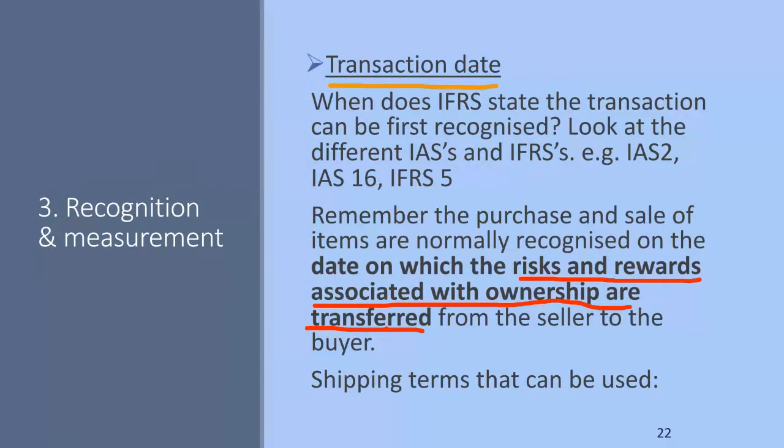But the question is, let's say we're getting a shipment from the USA, and it's coming on a ship. We put it on the ship and the ship is now sailing towards us. So when do the risks and rewards transfer? Do they transfer when the goods were loaded on the ship? When they were unloaded off the ship? When the goods arrive at my door?